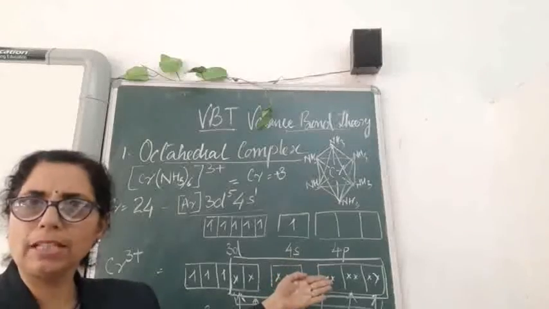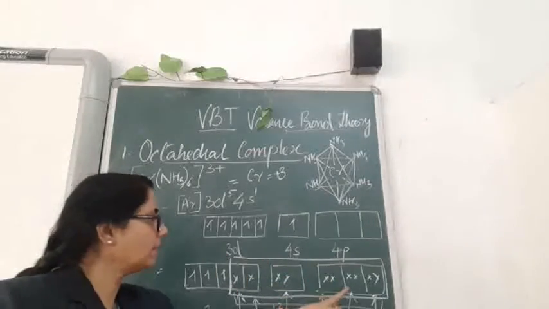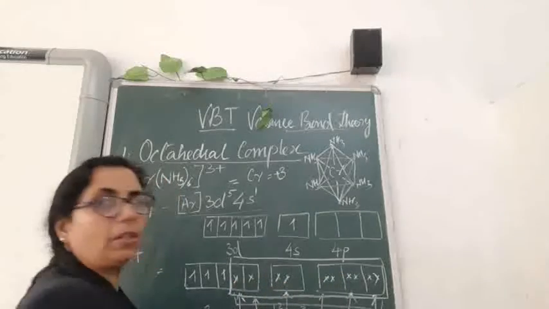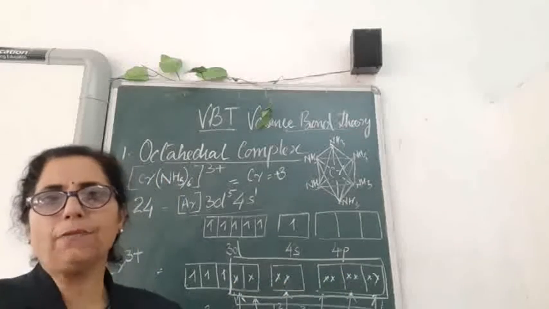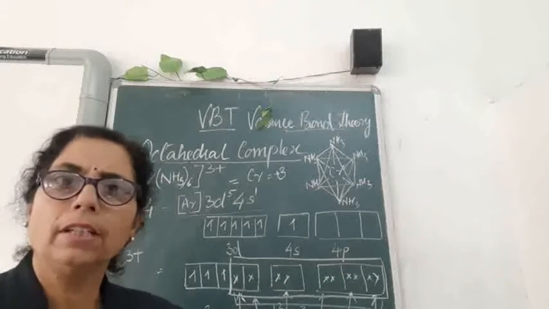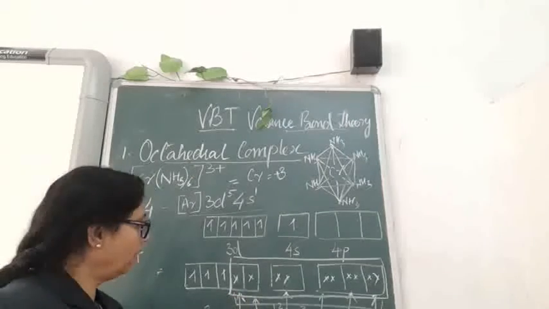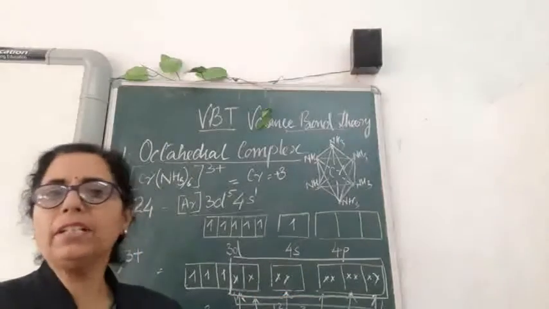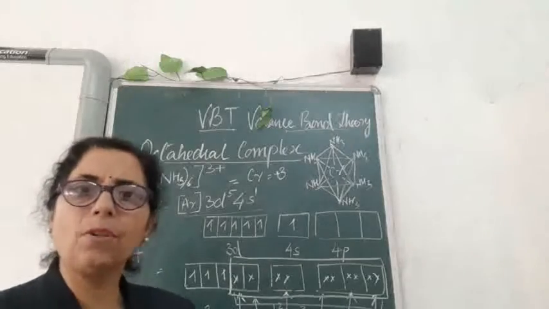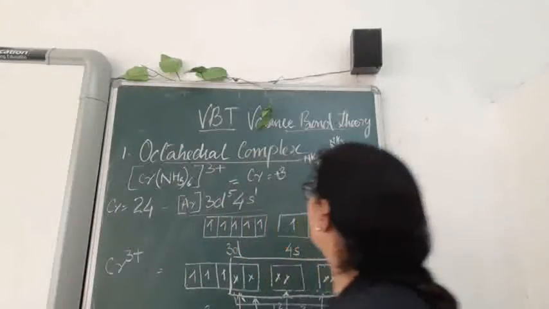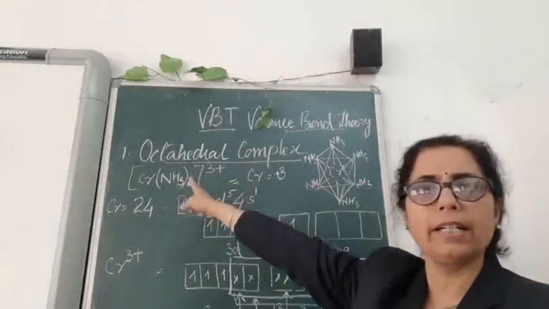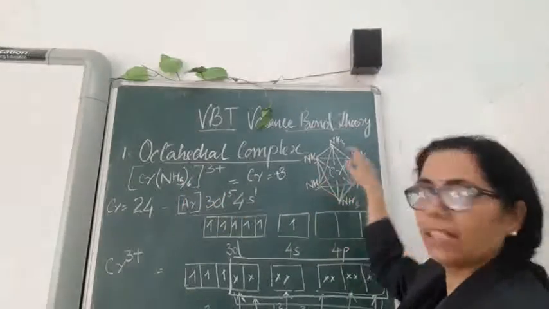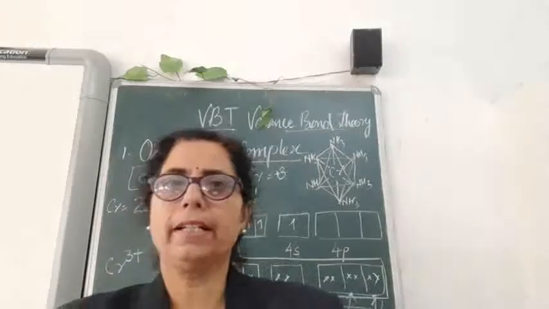So only these 2 d, 1 s and 3 p orbitals are involved in forming the complex, and thereby this configuration is d2sp3 type. Whenever a d2sp3 type of configuration is formed, it will always form octahedral complexes. And here also the geometry formed is an octahedral complex.